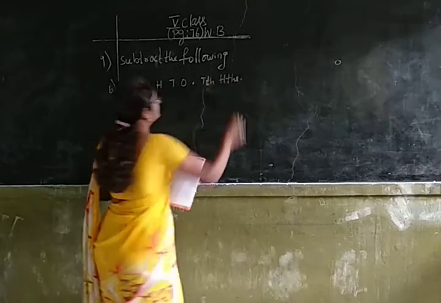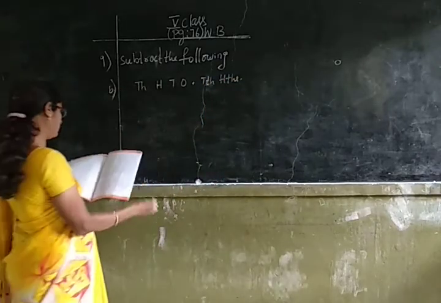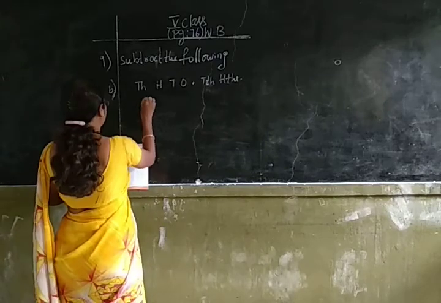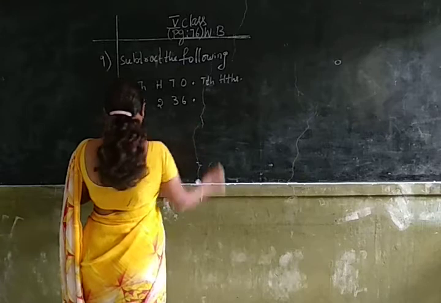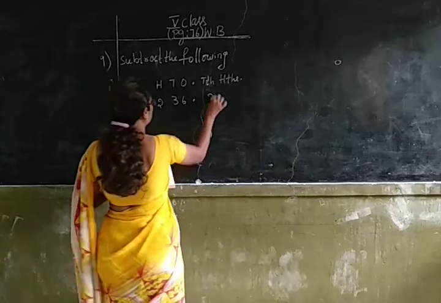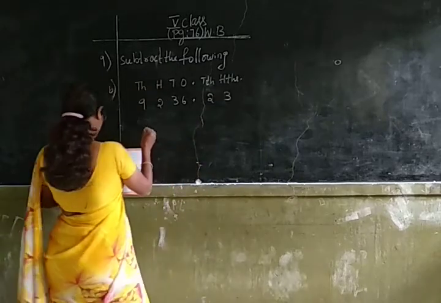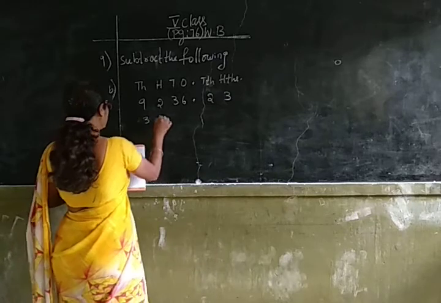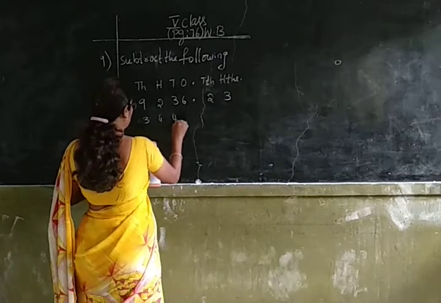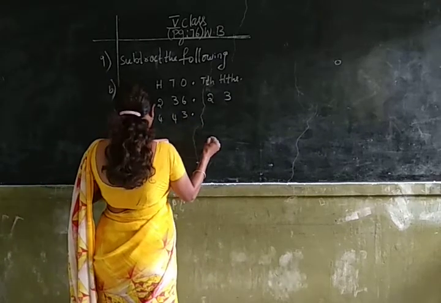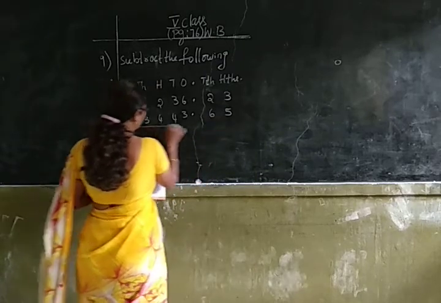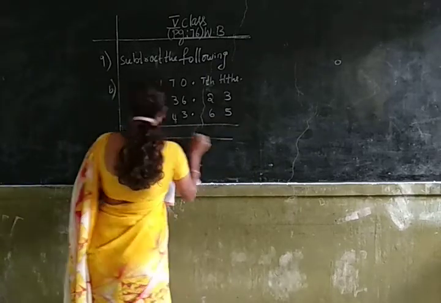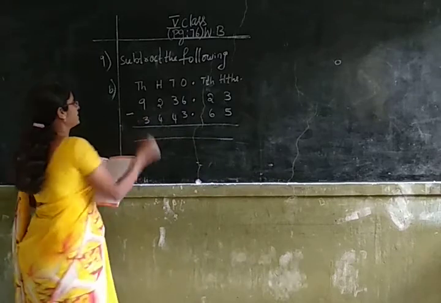So, after writing the places, arrange the numbers in columns. 9236.23 and 3443.65. After arranging the decimal numbers in columns, put the symbol for subtraction which is minus.